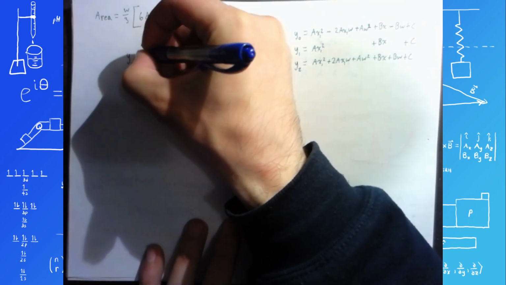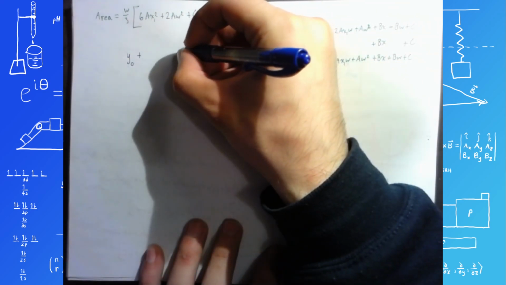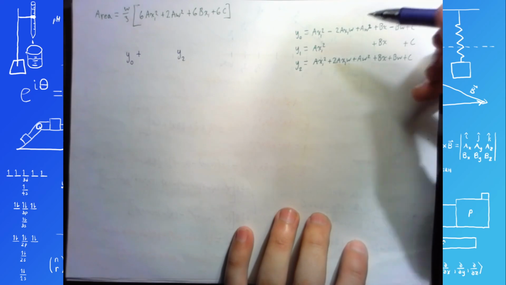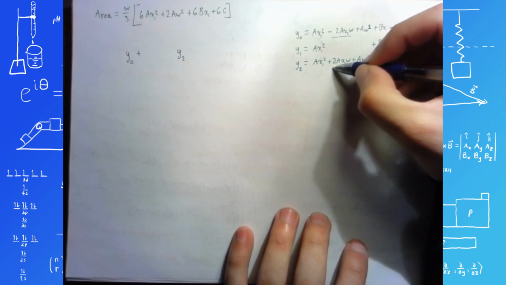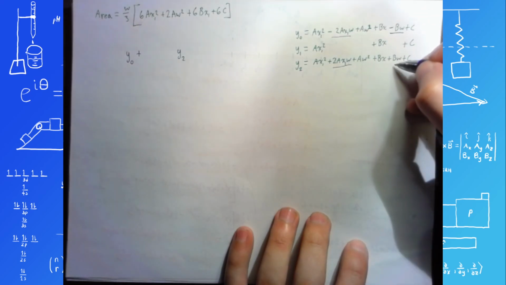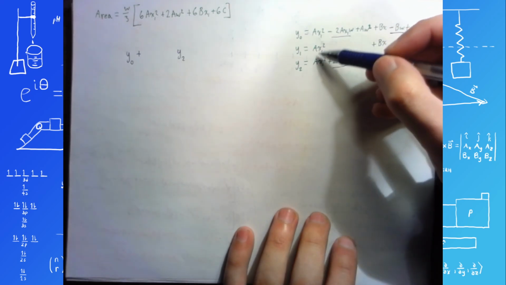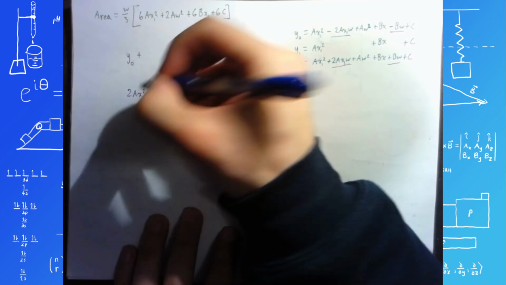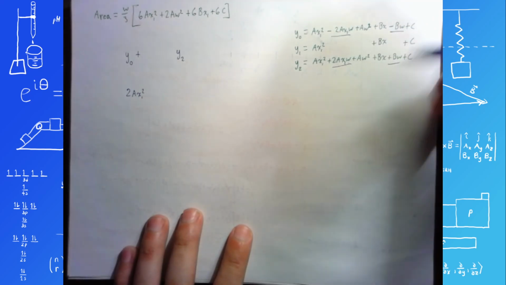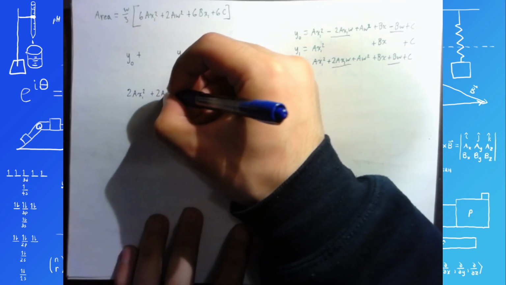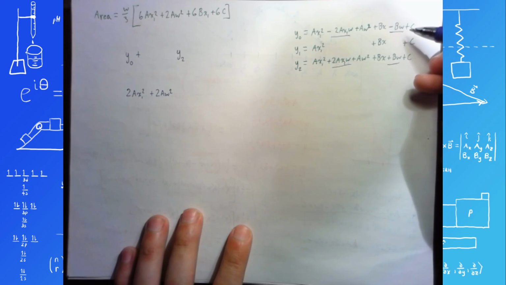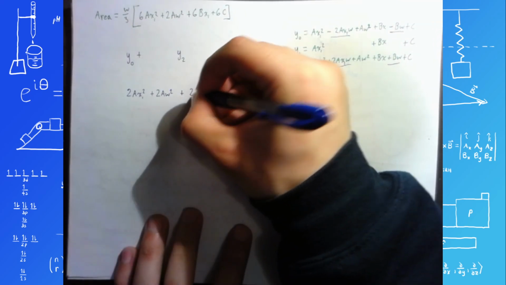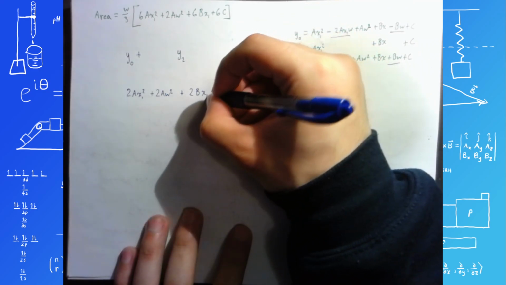If I do y0 plus y2, and I'm writing y2 all the way out here for a reason, these terms cancel out, and these terms cancel out, and I'm left with 2ax1 squared and 2aw squared and 2bx1 rather.